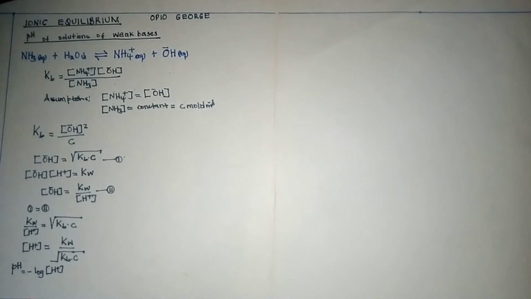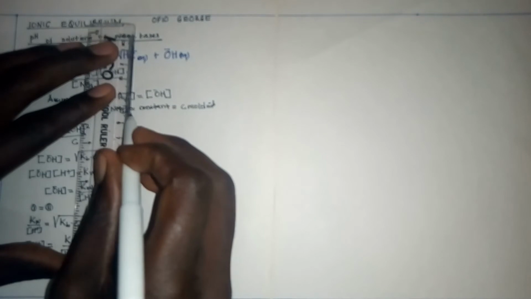Now that we have the expression for the molar concentration of hydrogen ions, what we want to do next is to substitute this in the pH expression. pH is given by negative log to base 10 of the molar concentration of hydrogen ions. And from here, we have the molar concentration of hydrogen ion being given by Kw divided by the square root of Kb times C. So what you want to do next is to substitute that in the pH expression.